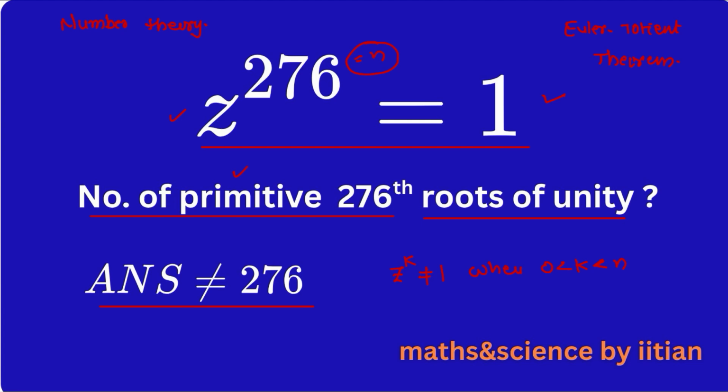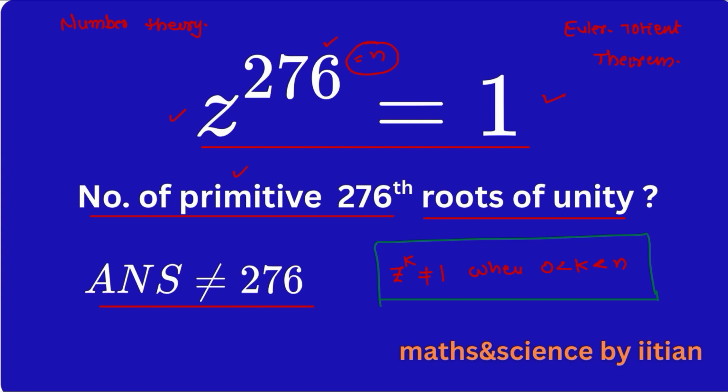This is the rule of the primitive nth roots of unity. Here n I have taken as 276.